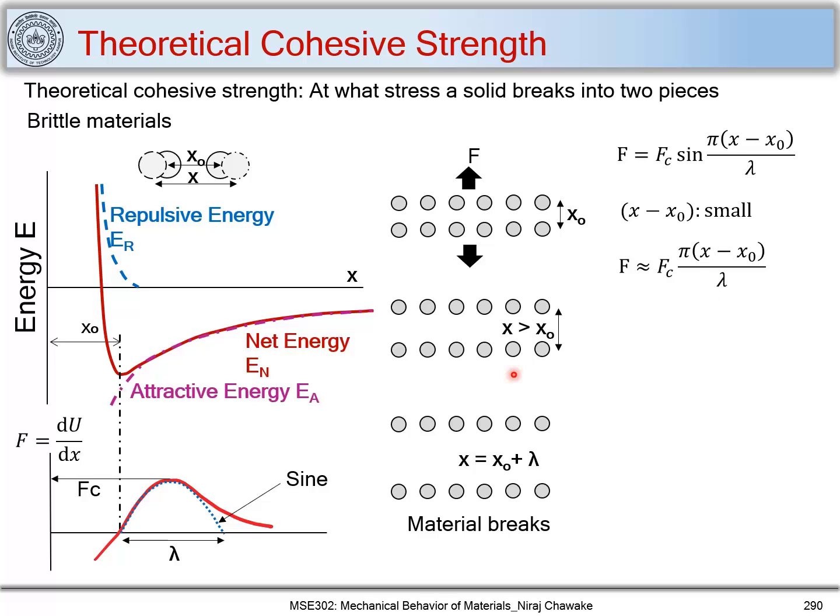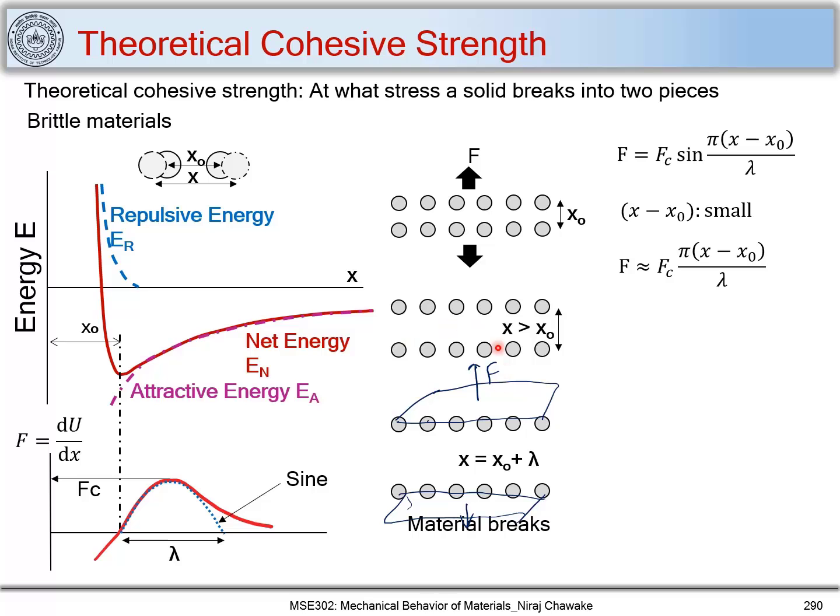Now you can convert this force into stress just by assuming that you are applying force on a certain area. I am marking it over here, so we can consider this to be an area.